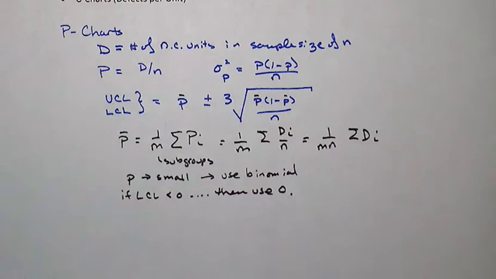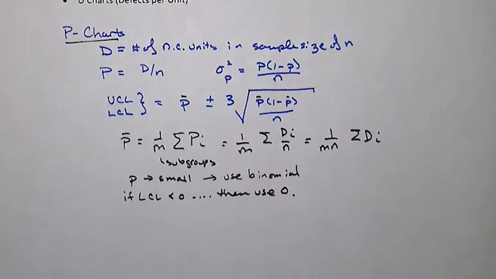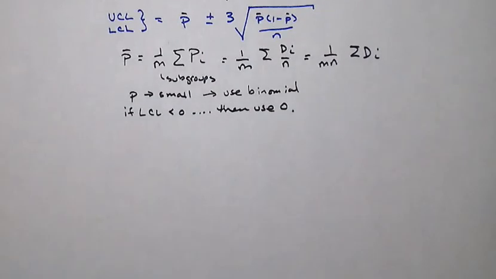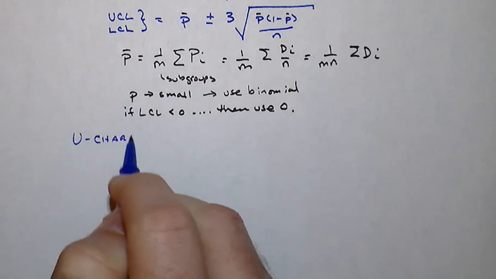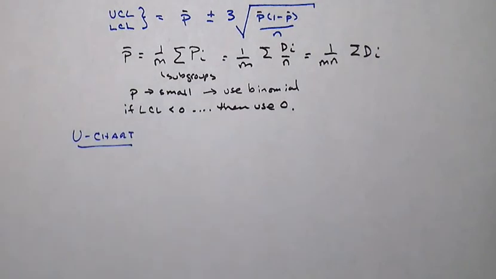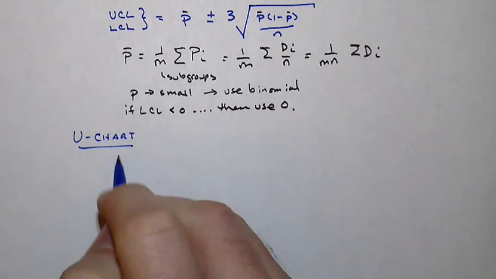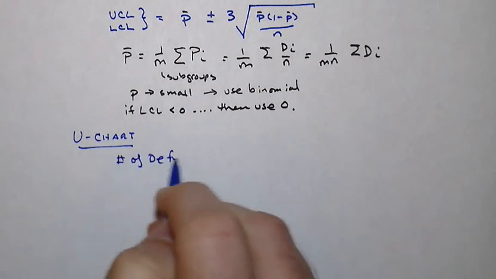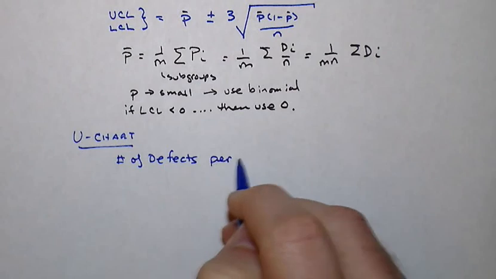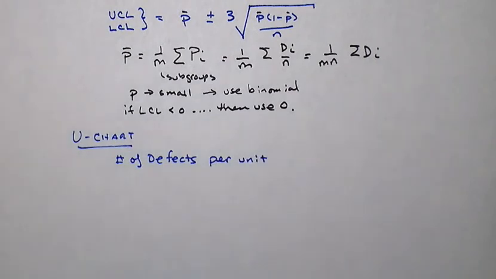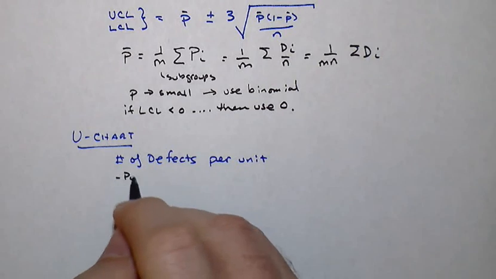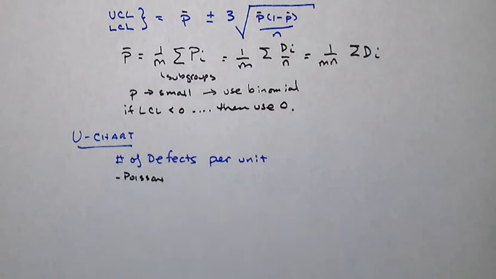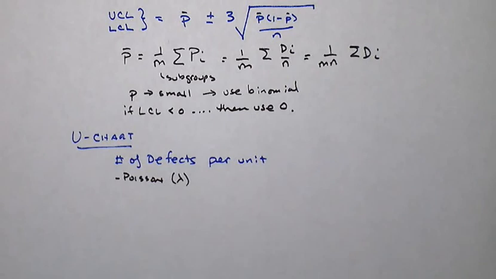Okay. A similar and related chart to the P chart is the U chart, where here we're looking at number of defects per unit. Right? And as soon as we start thinking about number of defects per unit, you ought to be thinking about the Poisson distribution and its single parameter of lambda coming into play.